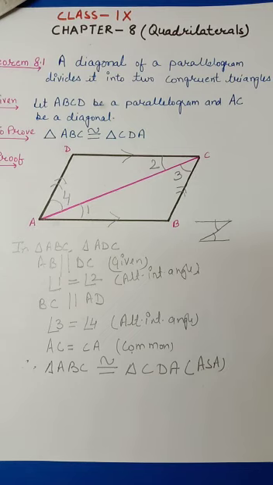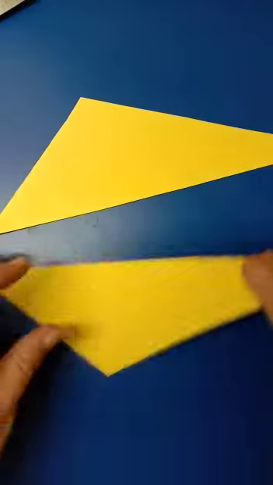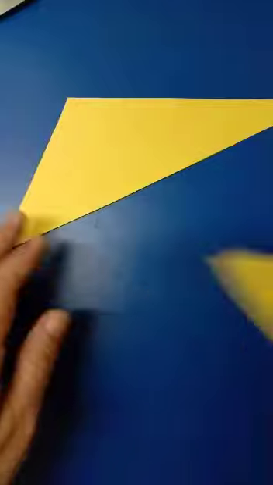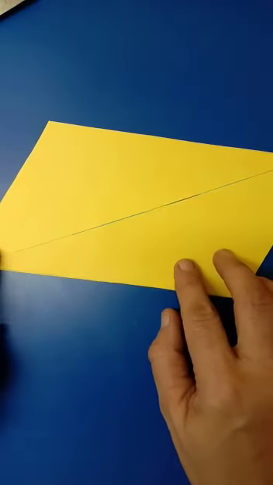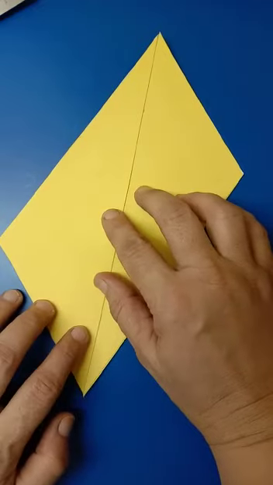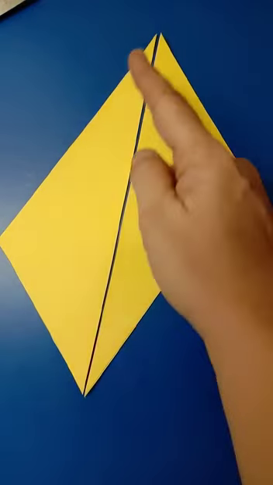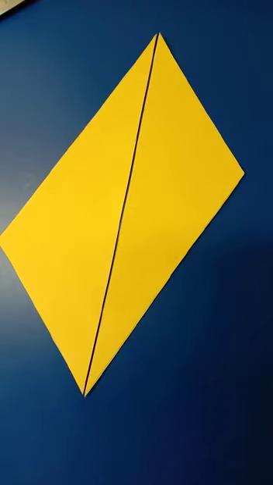Now this I can explain with one more example. Let me take this example. Now I have this parallelogram with me. This is a parallelogram. This I can show you in this manner. I am just showing to this part because this line is your diagonal here.